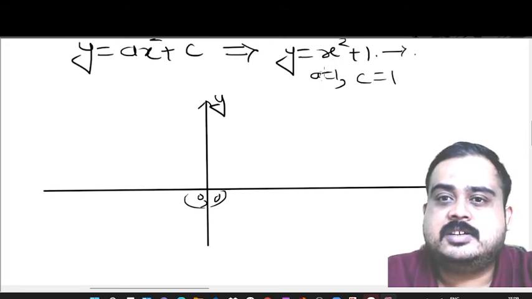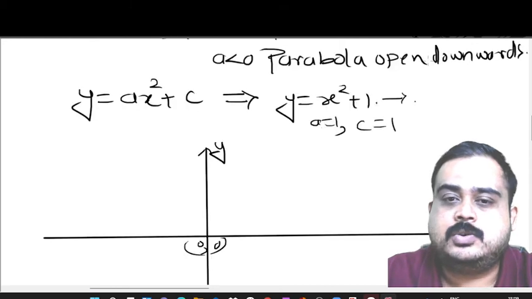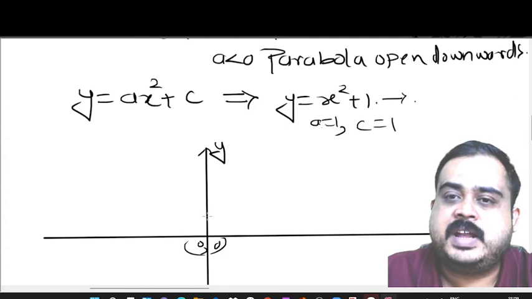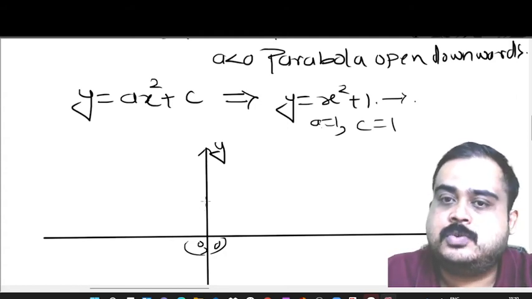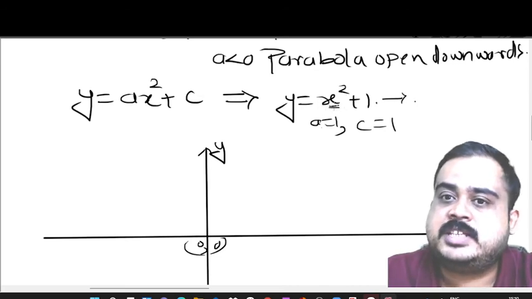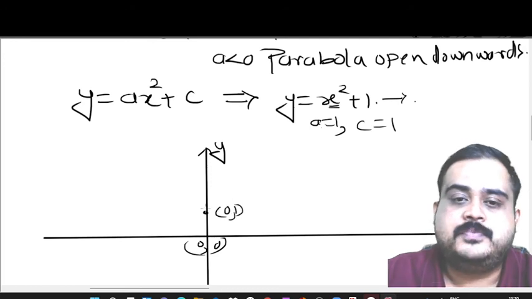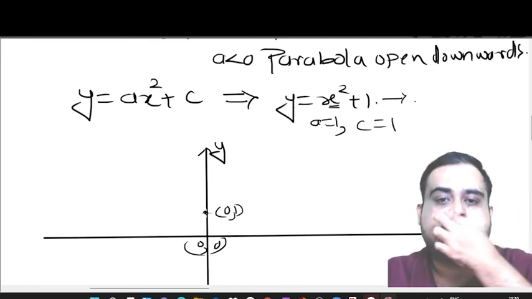Let us find the intersection of the parabola on the y-axis. On the y-axis, the parabola will cut when its x coordinate is equal to 0. So let us substitute x equal to 0 here. When I substitute x equal to 0, I will get y equal to 1. So let us say this is y equal to 1. This point is (0, 1). So at this juncture, the parabola is going to cut the y-axis.